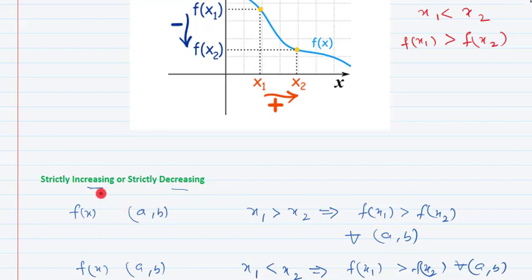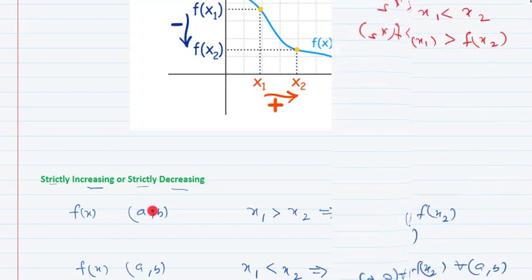If we are using the word increasing and decreasing, then maybe the function is not increasing either at a or at b. So in that case, we'll use the word only increasing or decreasing. But if it is increasing or decreasing everywhere in the given interval, then we'll use strictly increasing and strictly decreasing.